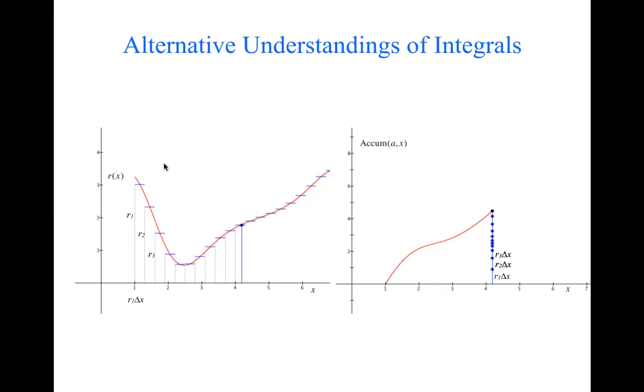So m dx for the first one gave us a little bit of accumulation that helped contribute to this entire amount here. But m dx also, with this height as our m or R1, and this width as dx, is also the area of this rectangle that whether I place the rectangle with its left end on the rate curve or like this was, it kind of fits underneath this shape here. So just thinking about this, like, oh, I've got positive rates, positive rates, positive rates, positive rates, but it's lower positive rates in the middle.